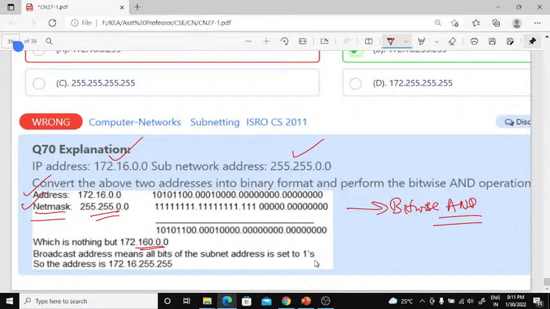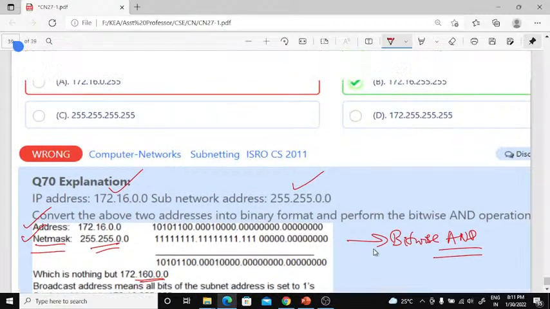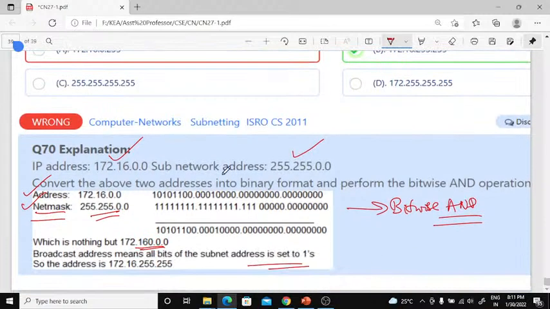The broadcast address means all the host bits of the address are set to 1.